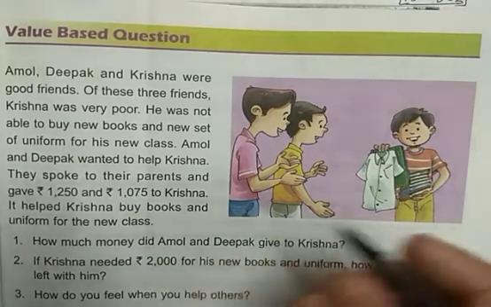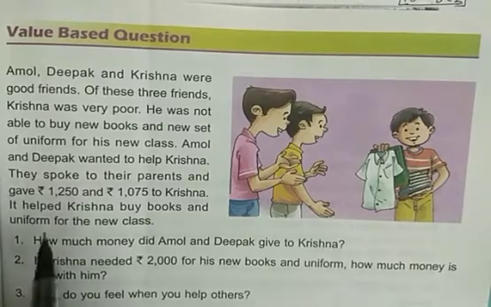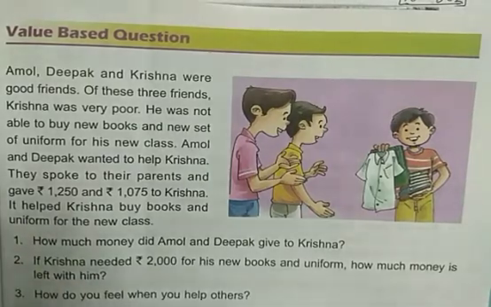So this is the story about the 3 friends. Out of these 3, one is very poor. He doesn't have money to buy new books and uniform. So his friends Deepak and Amol spoke to their parents, who gave them rupees 1,250 and 1,075.